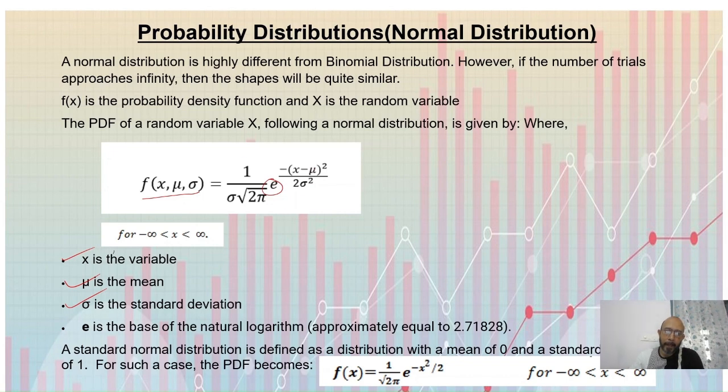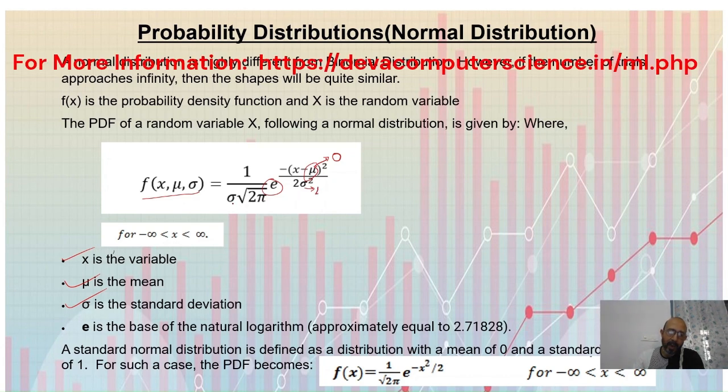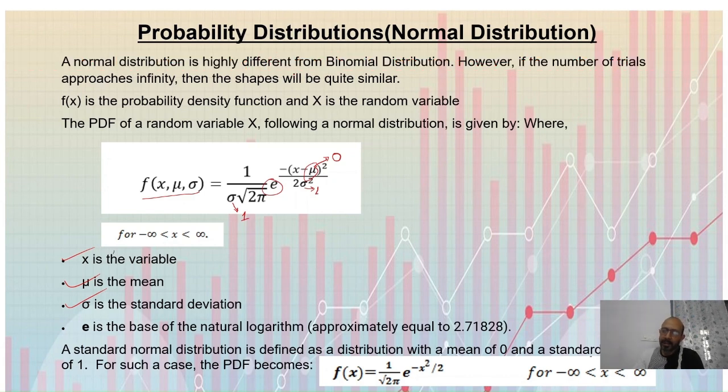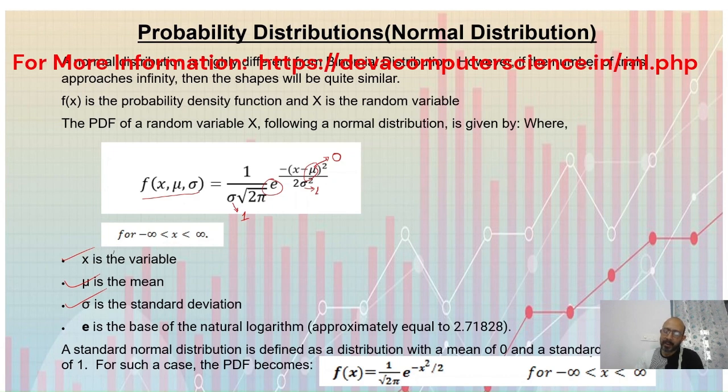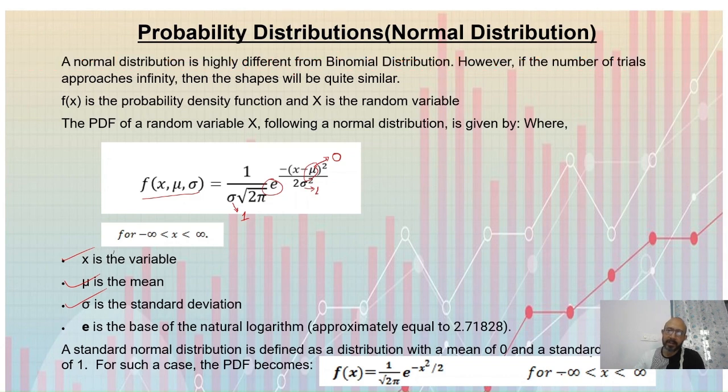For such a case, the probability density function becomes f(x) equal to 1 by root 2 pi, e to the power minus x square by 2, where x is between minus infinity to infinity.